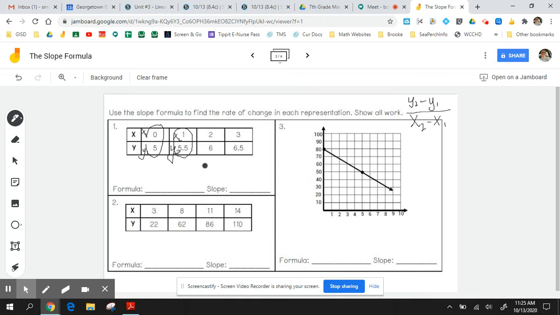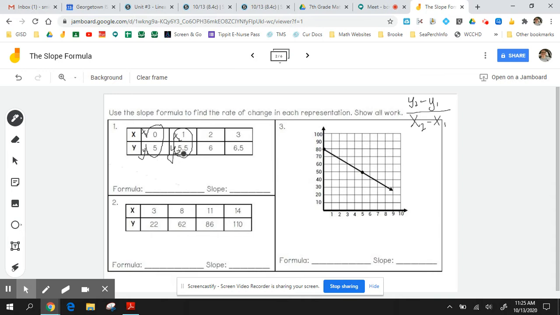Alrighty, so when we go to set it up in this formula that I wrote at the top of the page, we're going to have 5.5 minus 1 over 5. Oh, no. See, this is what happens with the table. If you don't pay attention, you actually put y2 over x2. And anyway, all right, scribble that out. Erase. I will use my magic eraser. Now, pay more attention, Miss Smiley.